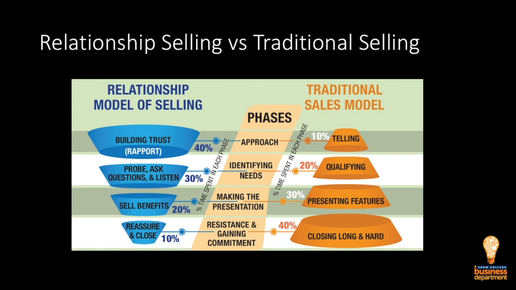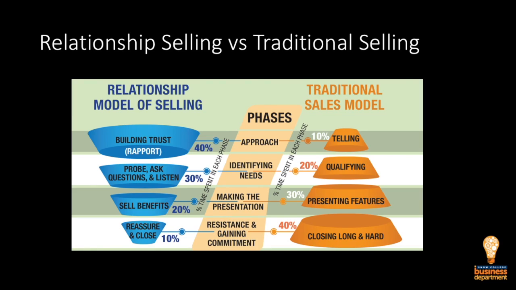So as you can see, the relationship model of selling takes the amount of time you spend in each phase and flips it. For example, in approach, you're spending 40% of your time building trust and rapport in the relationship model, while only 10% in the traditional model telling.